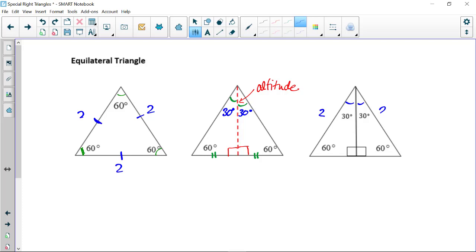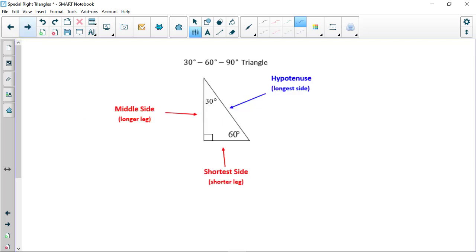So the hypotenuse of each of those 30, 60, 90 triangles will be 2. That means the shorter sides here will each be 1. So let's take one of those 30, 60, 90 triangles and analyze it for just a minute.